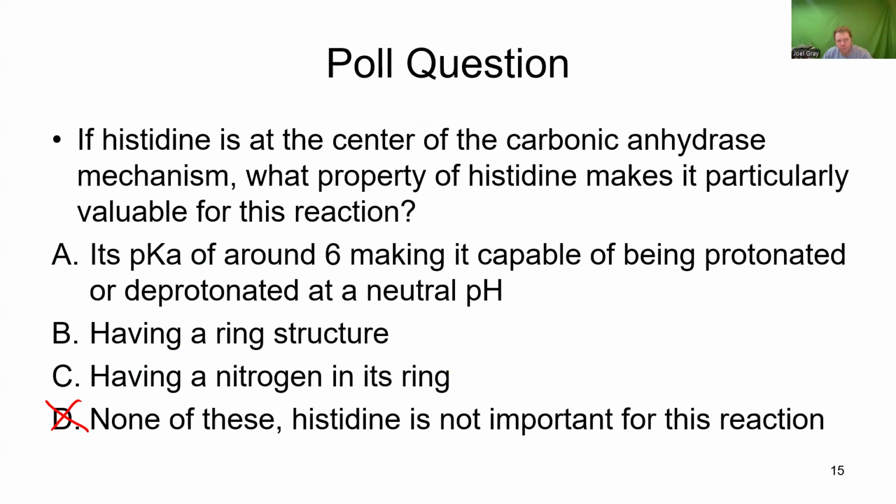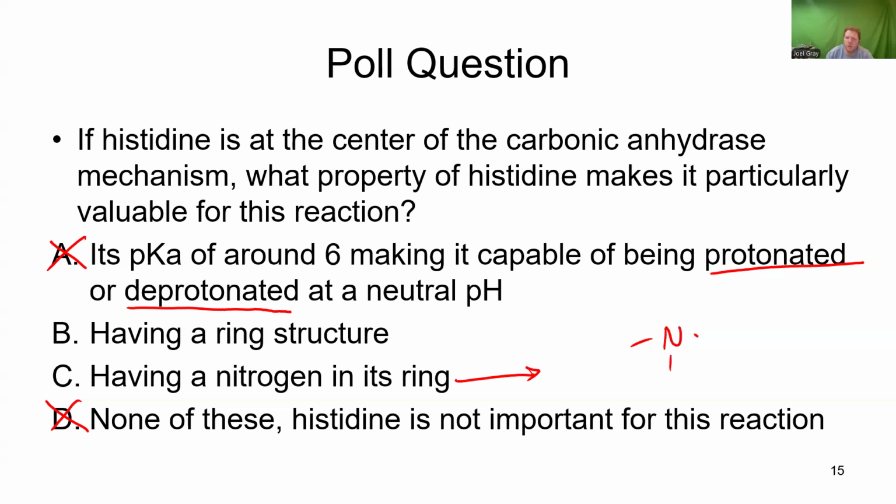A is kind of interesting. It's kind of tempting, but this is really just comparing protonated versus deprotonated, and we didn't see the protonation state of histidine change. Histidine having a ring, maybe, but that seems a little bit abstract. So let's compare B and C. Histidine having a nitrogen in its ring. Let's think about nitrogen.